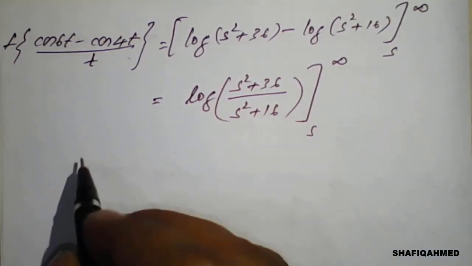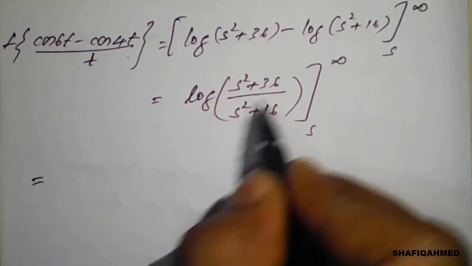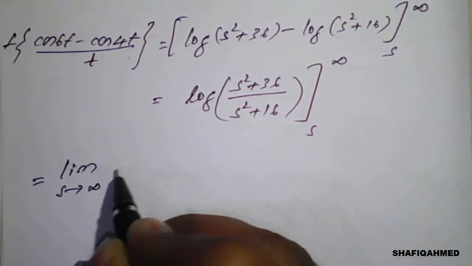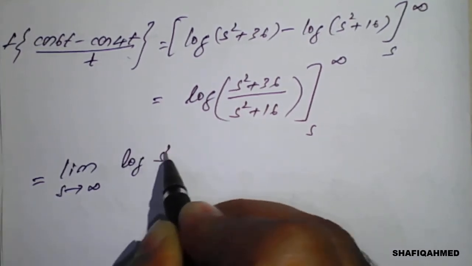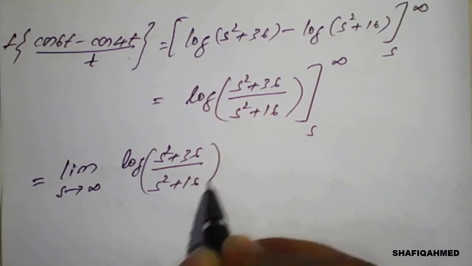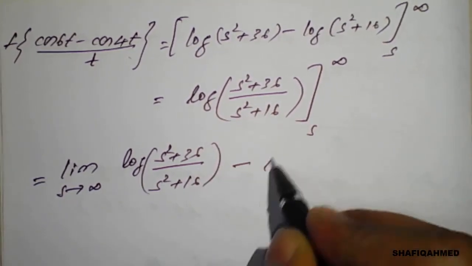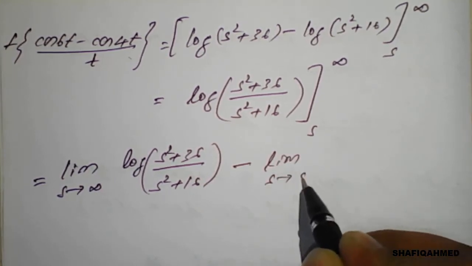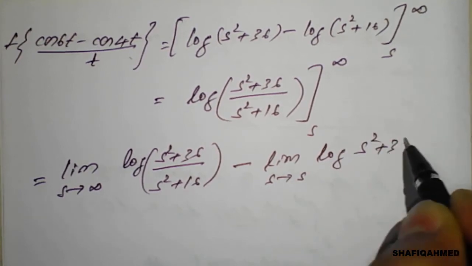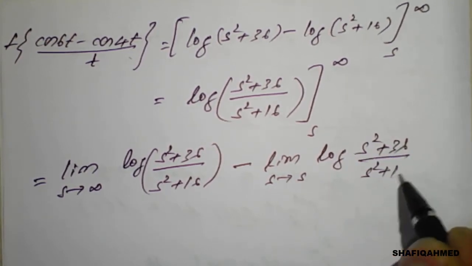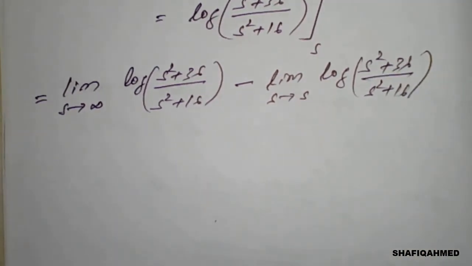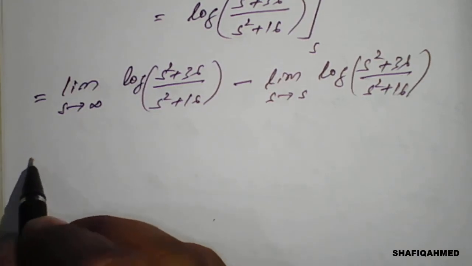Now we apply the limit: for infinity, limit s tends to infinity of log of s square plus 36 divided by s square plus 16, minus the lower limit, where s goes to s, log of s square plus 36 divided by s square plus 16. This is the limit condition applying the integration limits they have given.